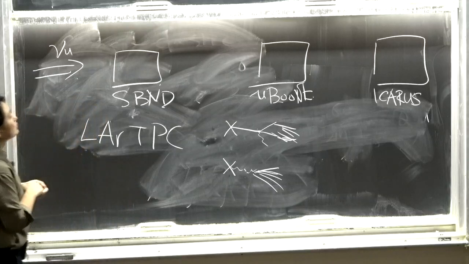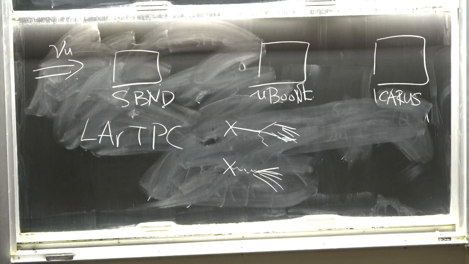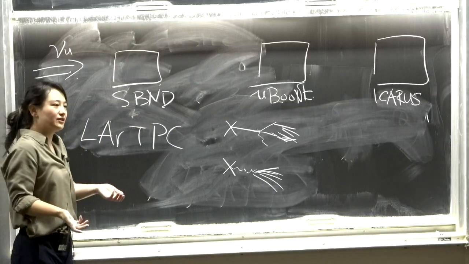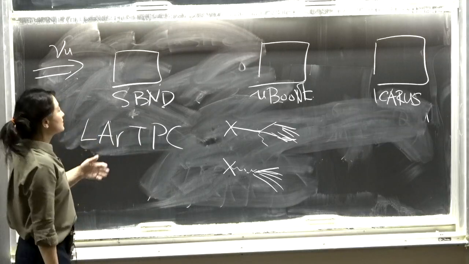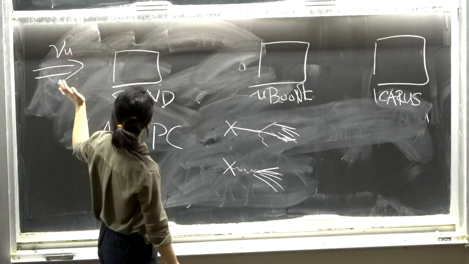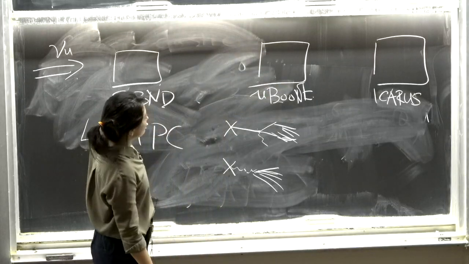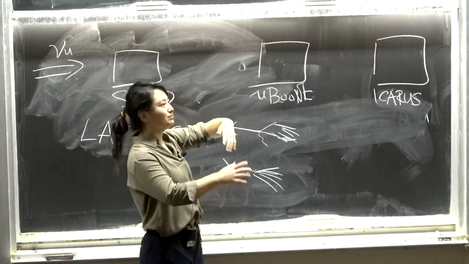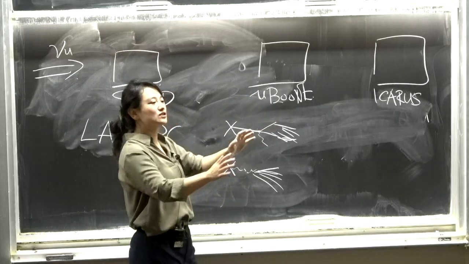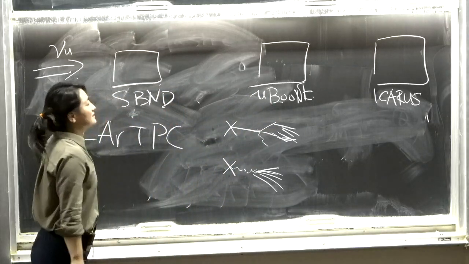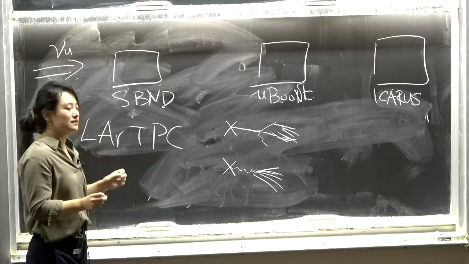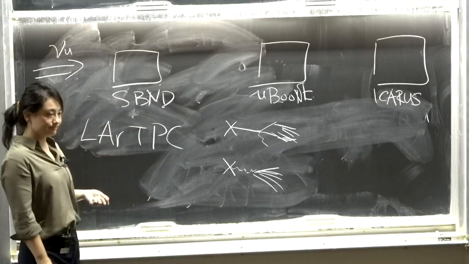So I think at this point, the picture is just really unclear. And the good news is that the status of these three detectors, I think MicroBooNE's running, ICARUS is, I think, being installed or something like that. So hopefully this is something that we'll have a super definitive answer on in just a few years.